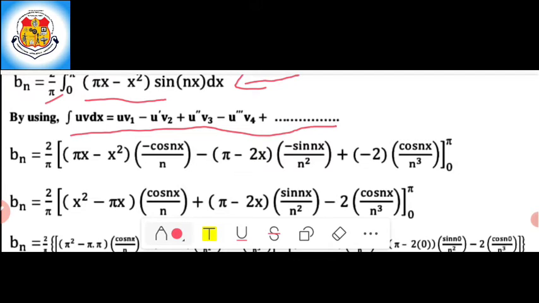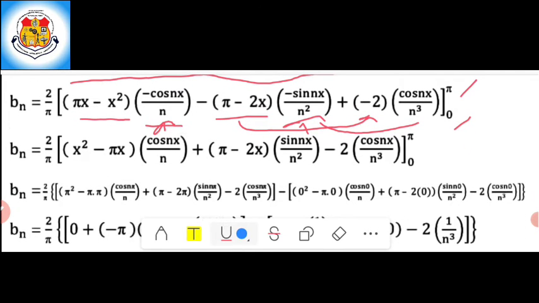So (2/π) times [(πx − x²)(−cos nx/n) − (the derivative of the polynomial, π − 2x)(the integration of the function, −sin nx/n²) + again we differentiate the polynomial, which is −2, and we take the integration of this function, cos nx/n³], where the limits we apply are 0 to π.